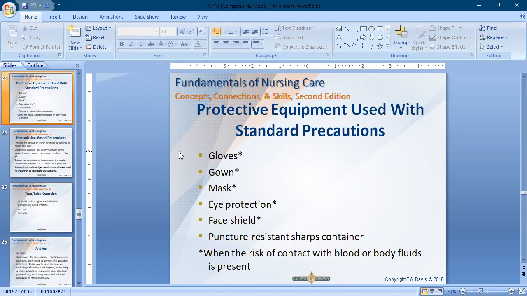You have to wear the gown first, then the mask or respirator, then the goggles, and then gloves. When the time comes to remove the personal protective equipment, remove it using the correct technique as well.